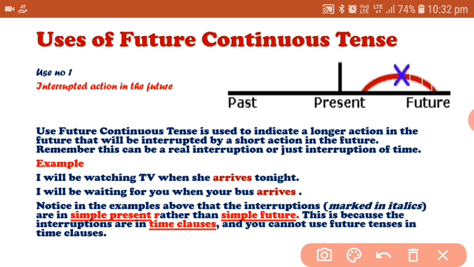You can only use. Yes, students, I am telling, future continuous tense is used to indicate a longer action in the future.